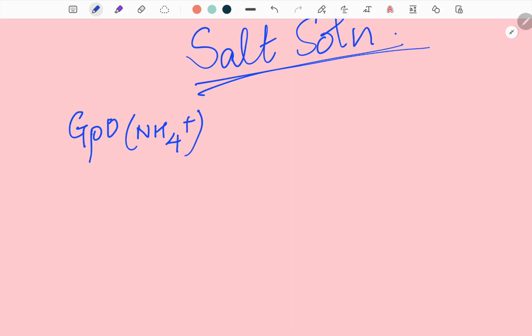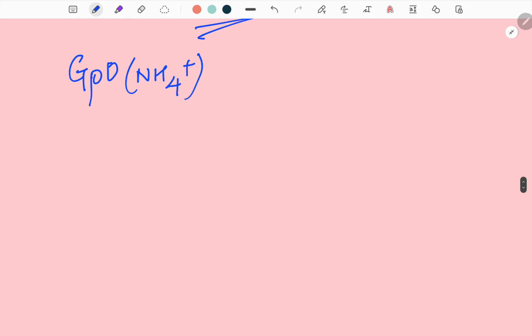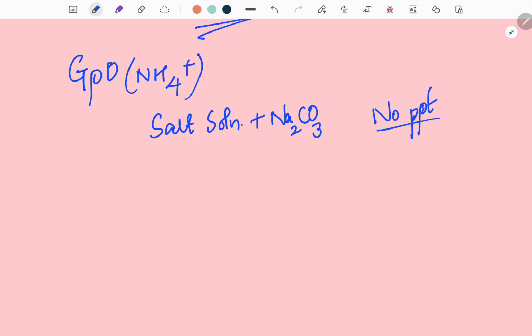Now ammonium ion, how will you identify the presence of ammonium? You need to take the salt solution, that means salt plus water, and you need to add sodium carbonate. And if you are not getting any precipitate, if no precipitate is being formed, then that means NH4 plus ion is present, or group 0 cation is present.